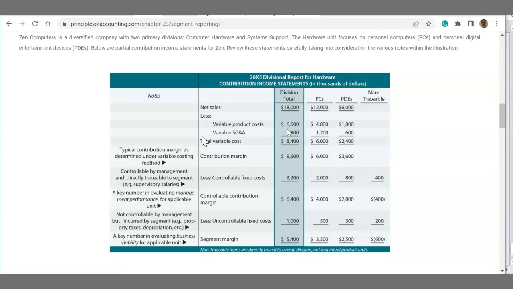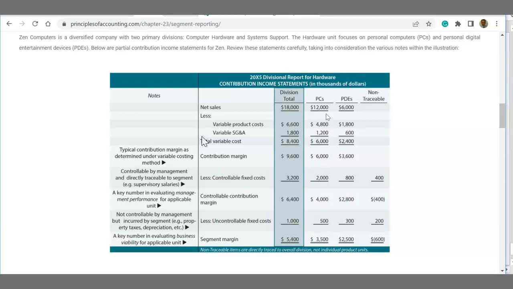We have variable expenses, product cost 6,600 total. We have variable selling and administrative cost, 1,800. Total variable cost is 8,400, and the contribution margin for this division is 9,600.